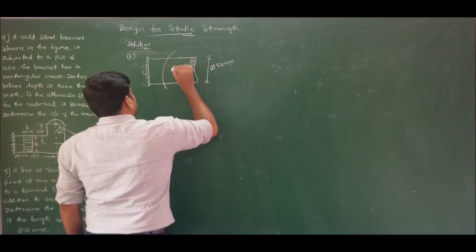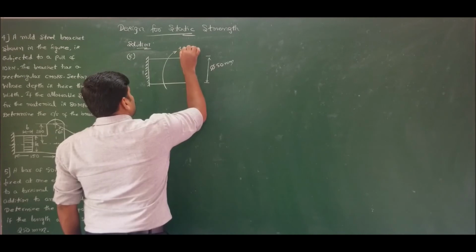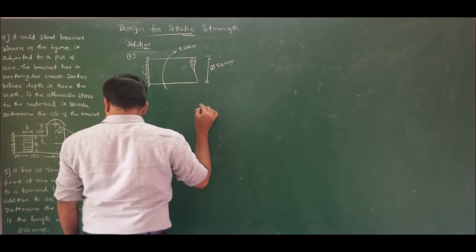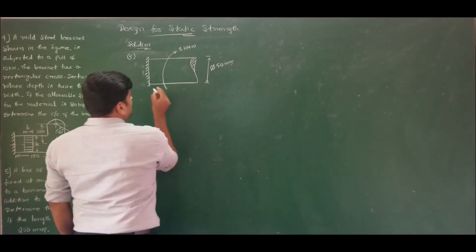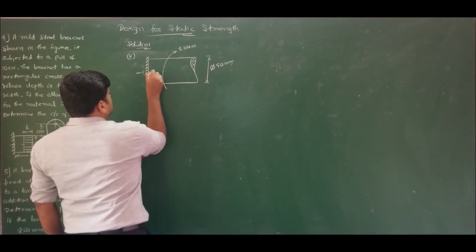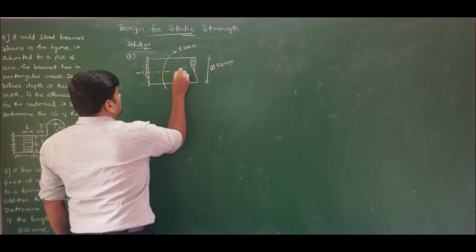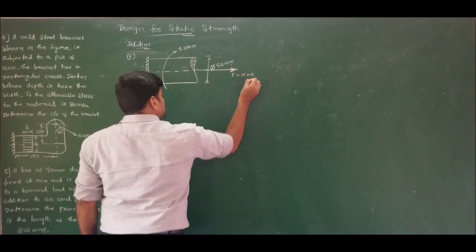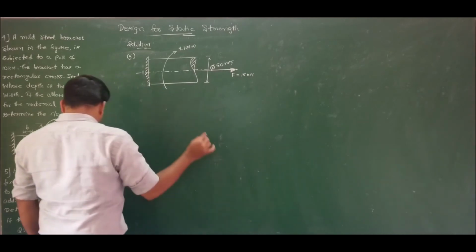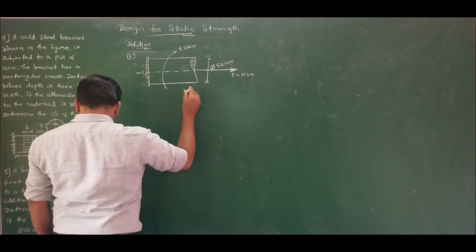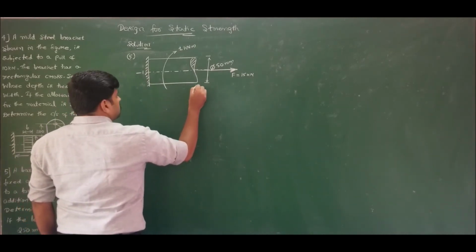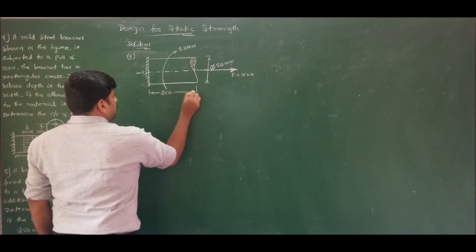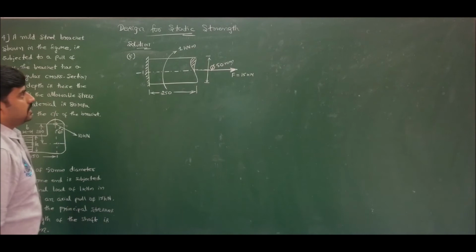So he has applied a torque of 1 kilonewton meter in addition to an axial pull of 15 kilonewtons. So along the axis we have an axial pull of 15 kilonewtons. Determine the principal stresses if the length of the shaft is 250 mm. So the length of the shaft is 250 mm, which he has given for us.